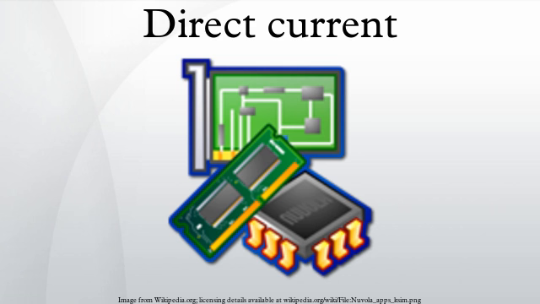DC is commonly found in many extra low voltage applications and some low voltage applications, especially where these are powered by batteries, which can produce only DC, or solar power systems, since solar cells can produce only DC. Most automotive applications use DC, although the alternator is an AC device which uses a rectifier to produce DC.